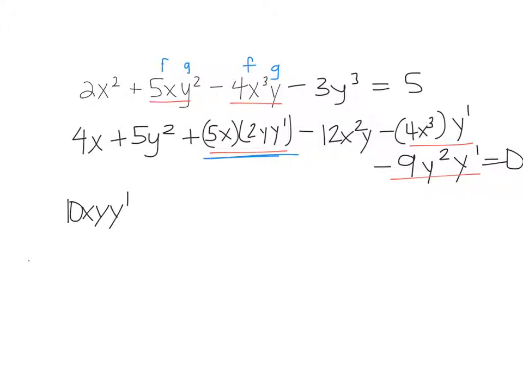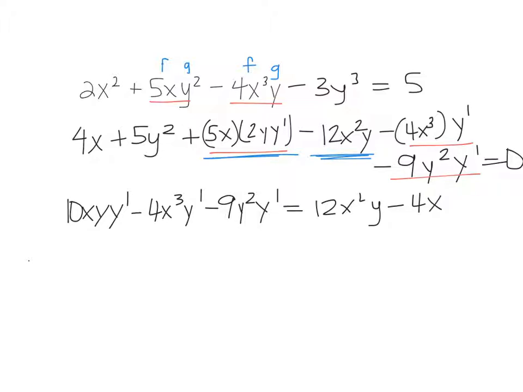Then I have minus 4x cubed y prime minus 9y squared y prime equals, and I move everything else over. I always move the negatives first, so I would move the negative 12x squared y first, just because then I start with a positive. If there isn't any positives, then it's fine. It's not wrong to start with a negative, I just try not to.